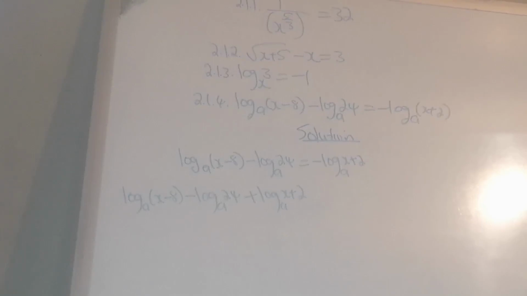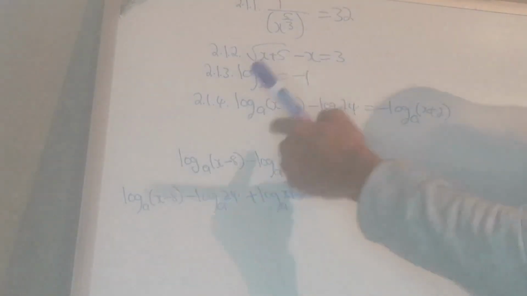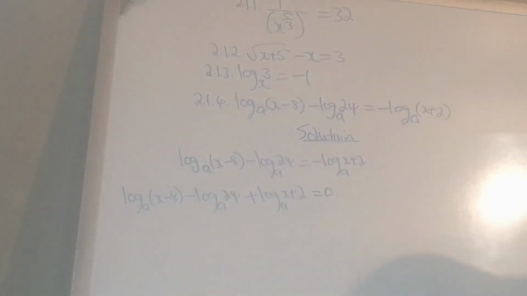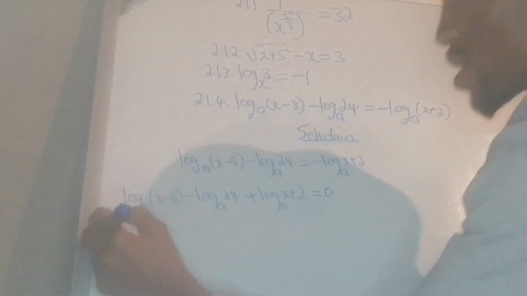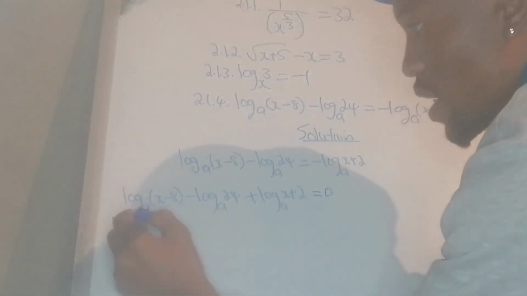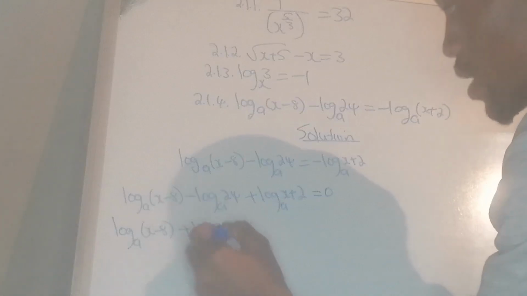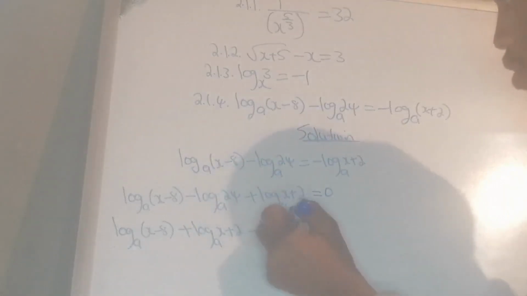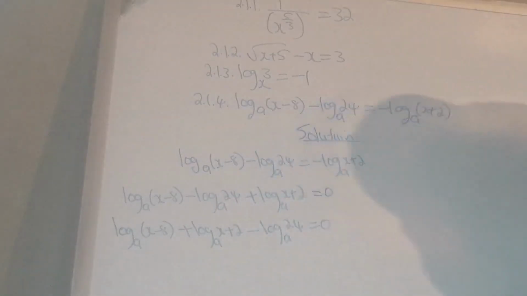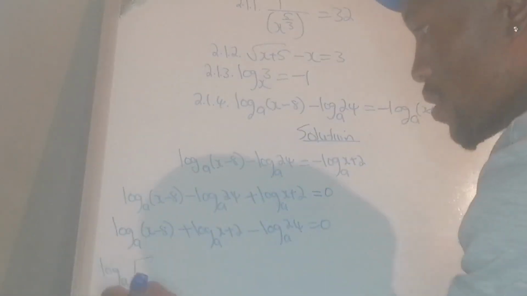This is equals to 0 because I took this to the other side, and it became positive. Now I can apply the law. I can rearrange this as log a of x minus 8 plus log a of x plus 2, then minus log a of 24 equals 0.